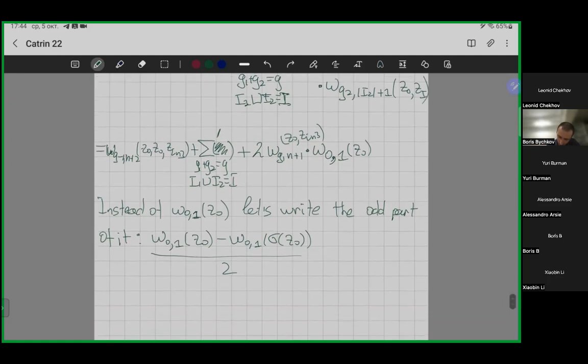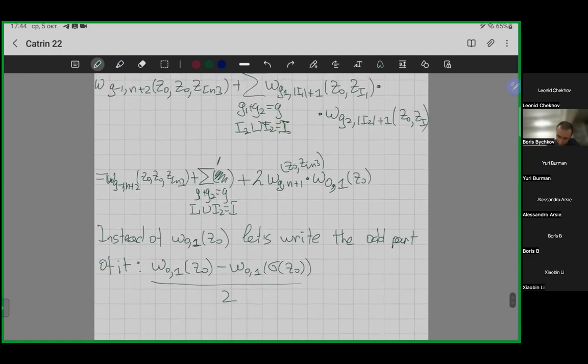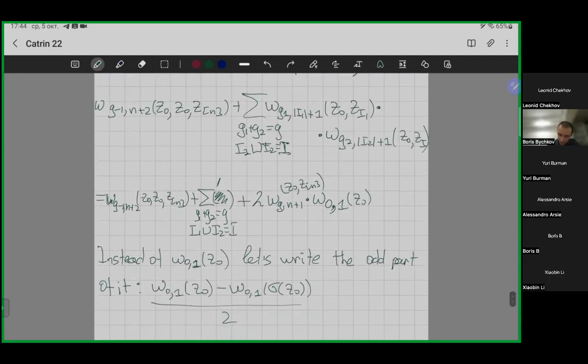And now we can rewrite this quadratic loop equation again in the following way. I want to move this to the other side.